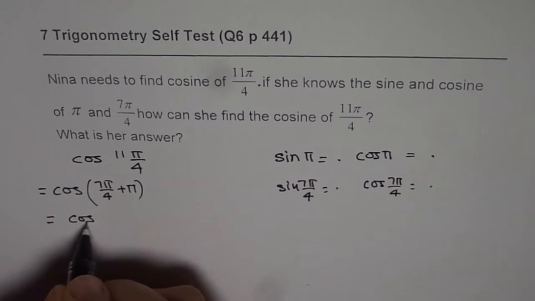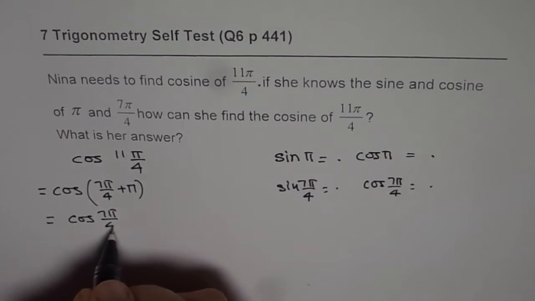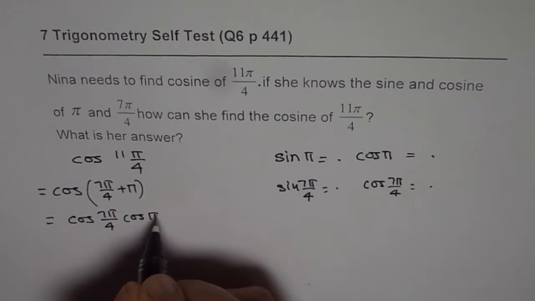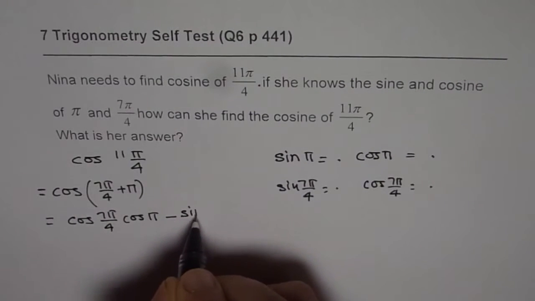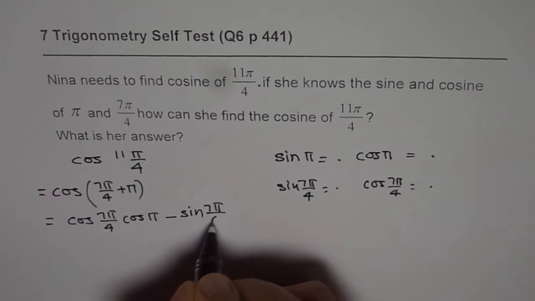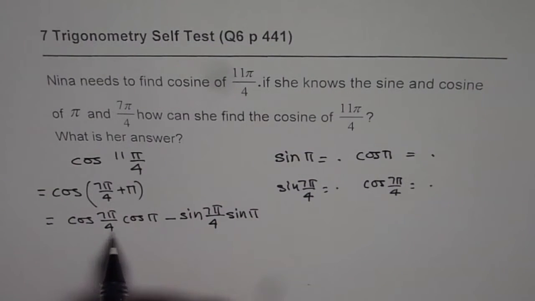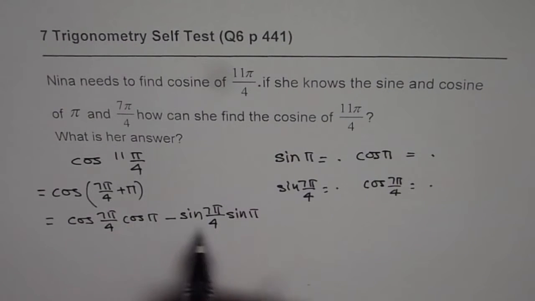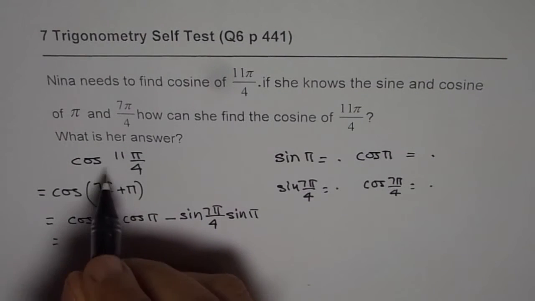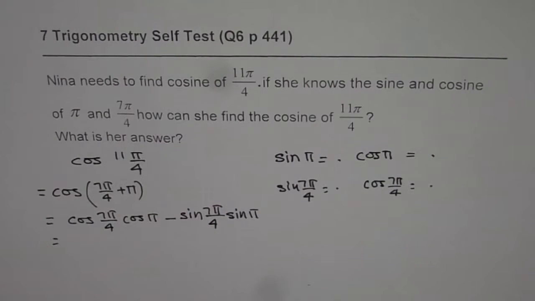You get cos of 7 pi by 4 cos of pi minus sine of 7 pi by 4 sine of pi. Since cos and sine of 7 pi by 4 and pi are known, we can calculate this value, and so we'll get the answer for cos of 11 pi by 4. Correct? So that is the first part.